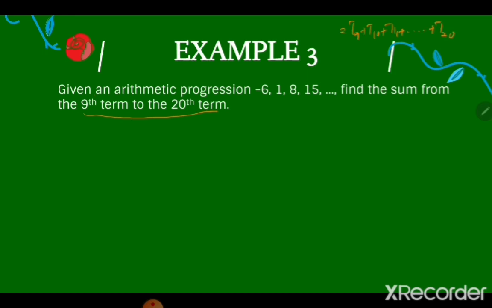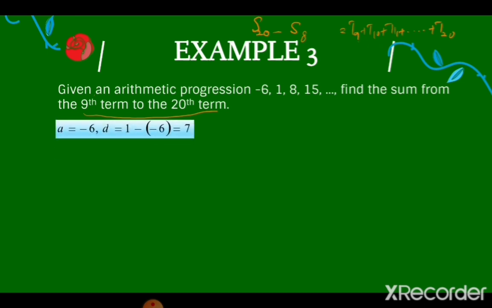Based on previous knowledge, we need to find S20 and then subtract S8, because the number must be less by 1 than the starting term. From the previous slide, we need to find S20 minus S8. You need to understand that.